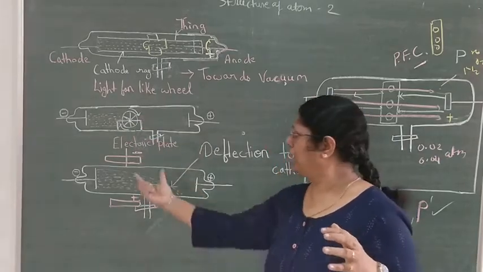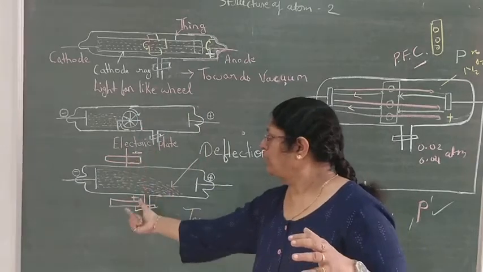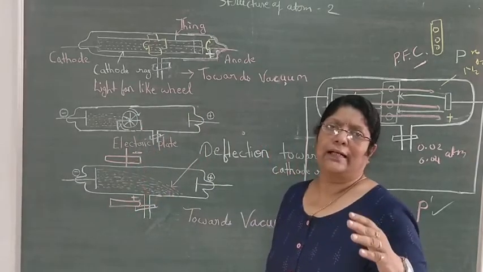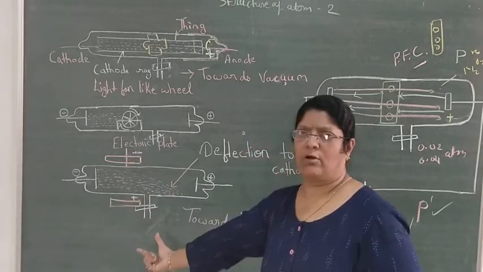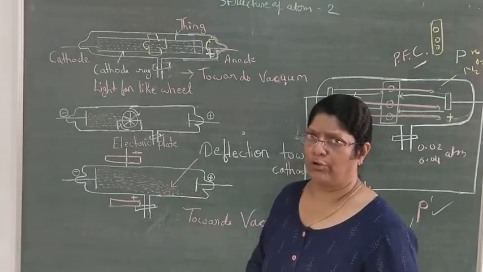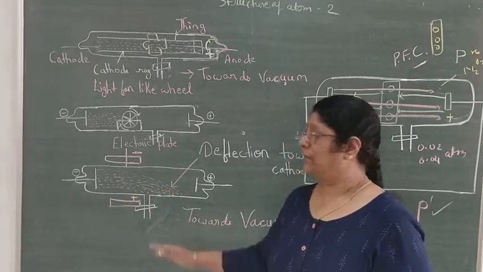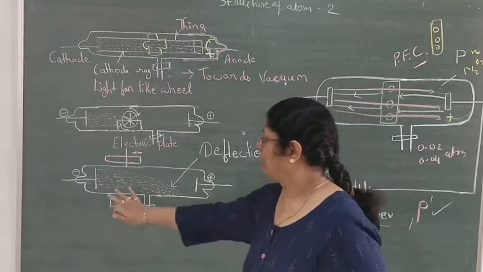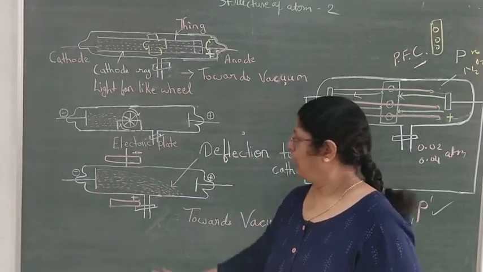Next we are putting both anode and cathode, both will do the same thing. Now we are talking about the electric field. If I put an electric field or electric plate in the path of cathode or anode rays, what will happen? If I put an electrical plate in the path of cathode rays, definitely cathode rays will move towards the positive plate.